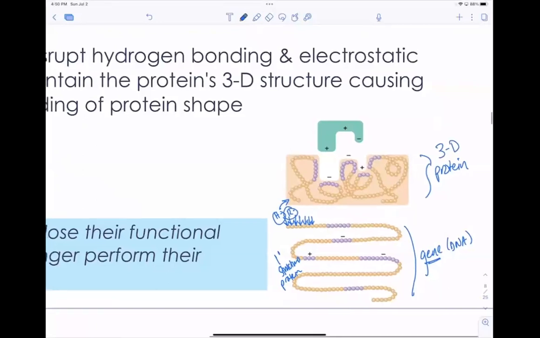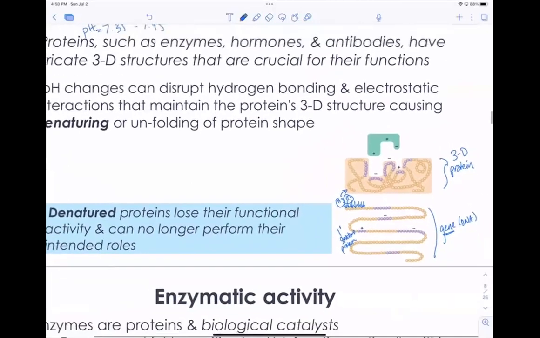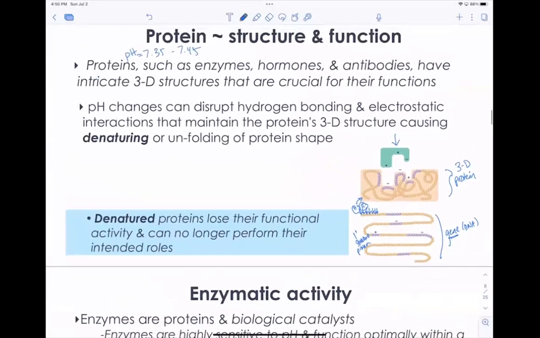So if it's a receptor or an enzyme, something that you want to bind a specific substrate to, the shape matters and the configuration matters. Hormones, specific shapes, enzymes, antibodies, the three-dimensional structure of the protein is critical for their function.